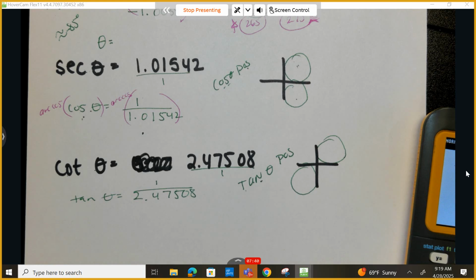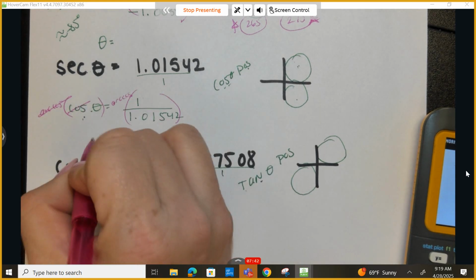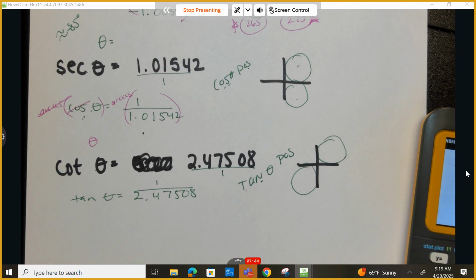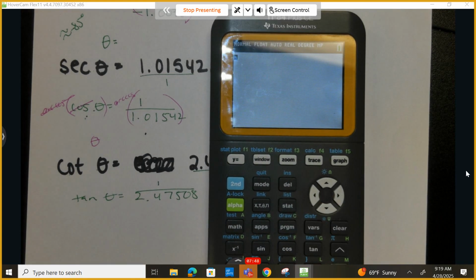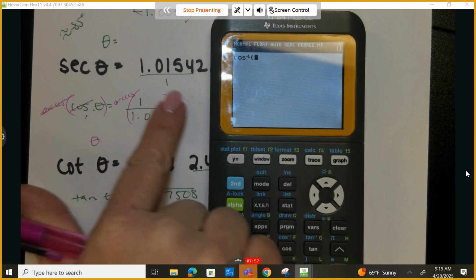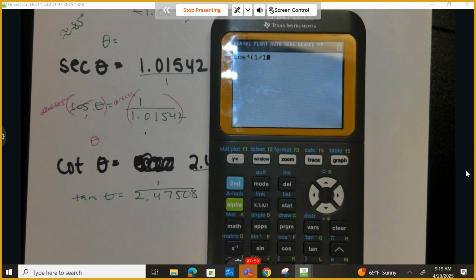Now, on the left-hand side, the arc cosines are going to be eliminated. And again, you may be looking at your calculator and going, where do I find arc cosine? It's not there. Arc cosine is equivalent to the inverse cosine. So secant cosine, and this is what I have to plug in: 1 divided by 1.01542.